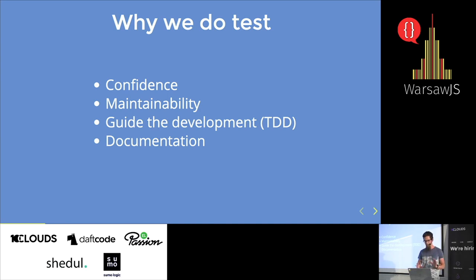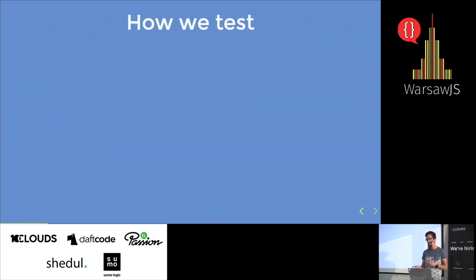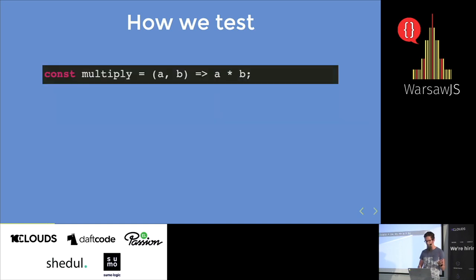So we've got why covered. Let's go straight away to how we test. I will start with the simplest example I can imagine: a multiply function. If for some reason we want to test that, we can do that.